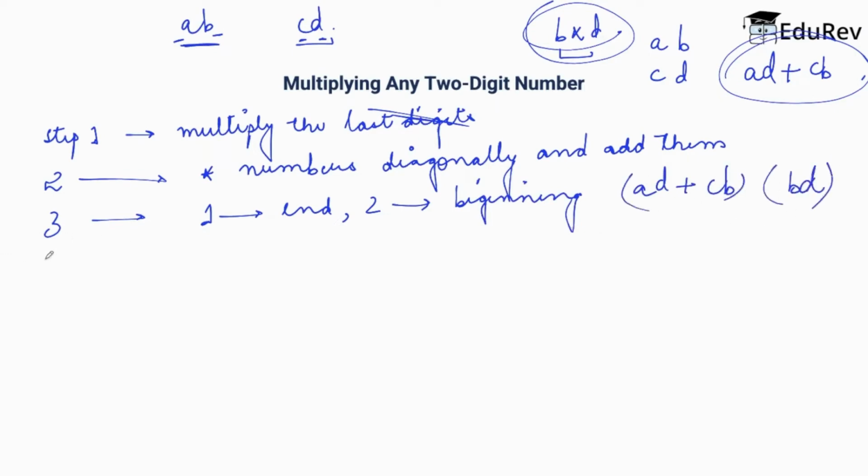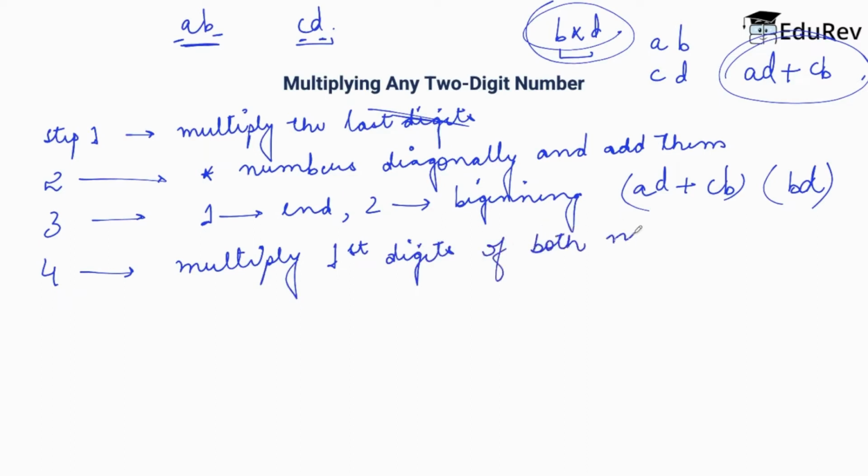Then step 4 is that we need to multiply the first digits of both numbers and keep it at the very beginning.